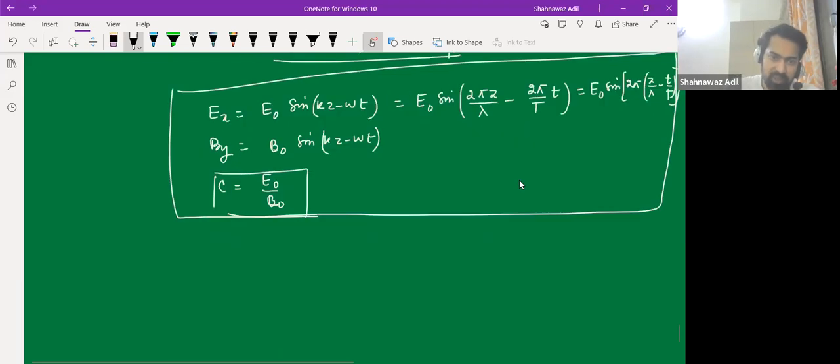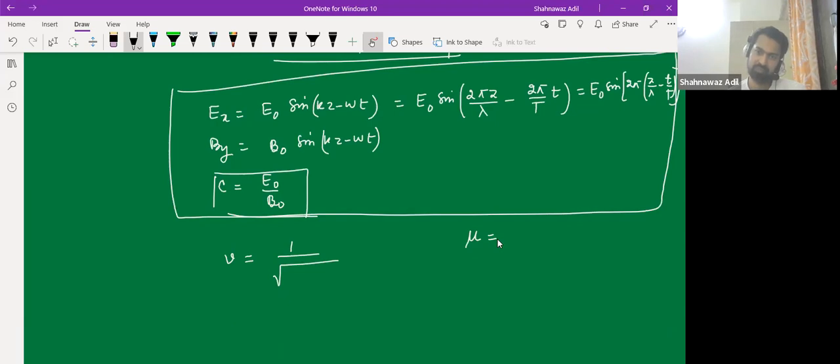And we know that V is 1 by root of mu epsilon, so what is this mu? Do you guys remember? Permeability in the medium, what was this? Yes, guys.